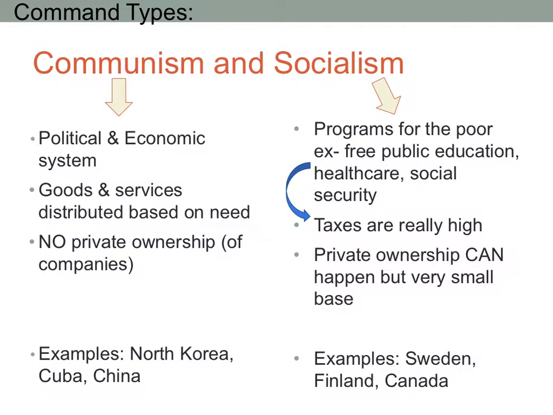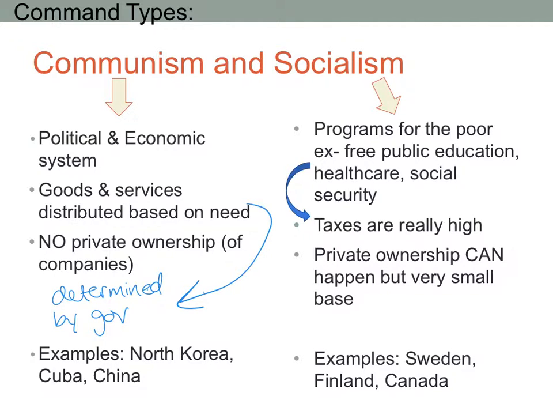It says goods and services are distributed based on the need, but that is determined by the government. So you might actually need to go to the doctor. Let's say you're sick or something, right? And you need to go to like a Care Now or a Minute Clinic, right? Just to get some medicine.